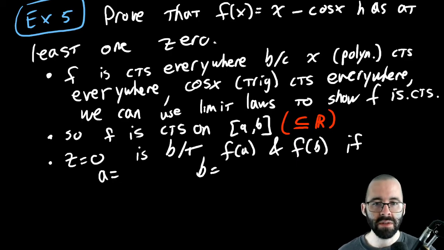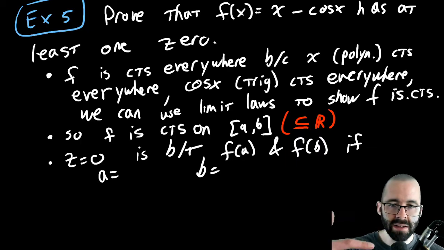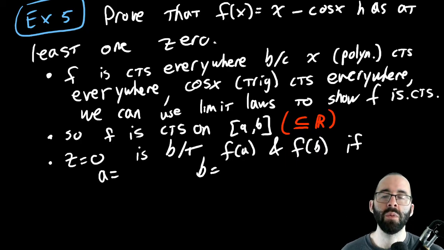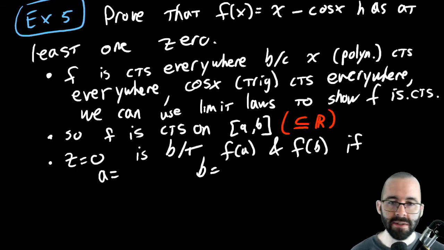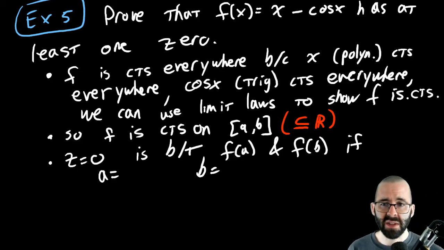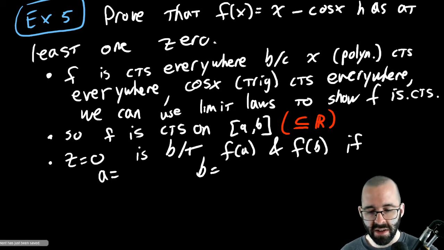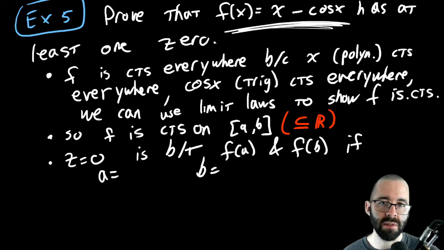And we want that 0 to be between them, so we need the function value for one of them to be positive and the function value for the other one to be negative, so that 0 is between these function values. So we have to try to figure out what a value and what b value give us positive and negative function values.